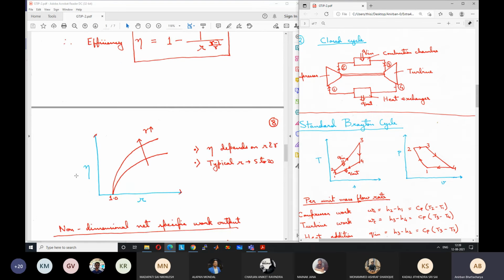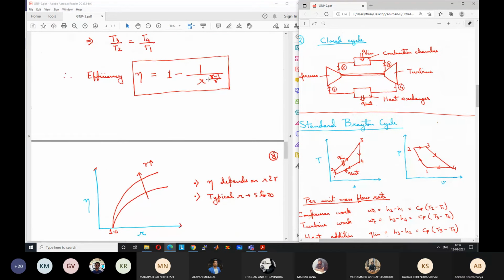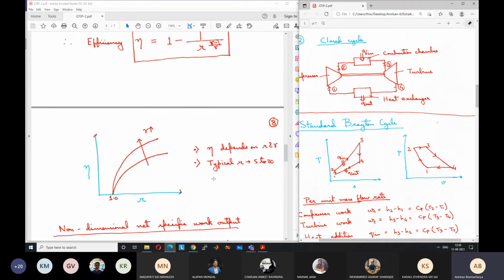So if we plot efficiency versus R, it will look like this. At R equal to 1, efficiency is 0. Then it keeps on increasing with the value of R. Asymptotically, it should go to 1 for R equal to infinity.